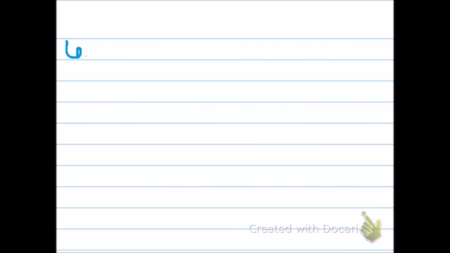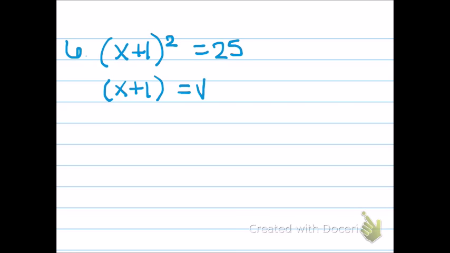Number 6, (x plus 1) squared equals 25. First, we'll take the square root of both sides so that x plus 1 equals plus or minus the square root of 25.